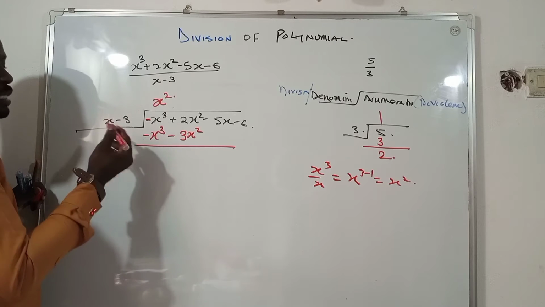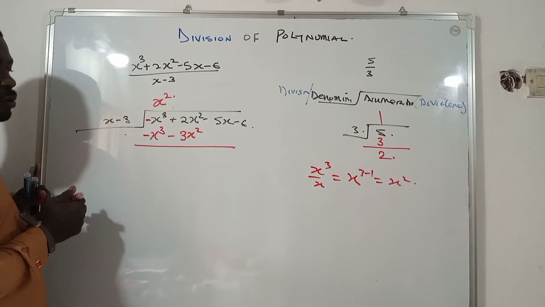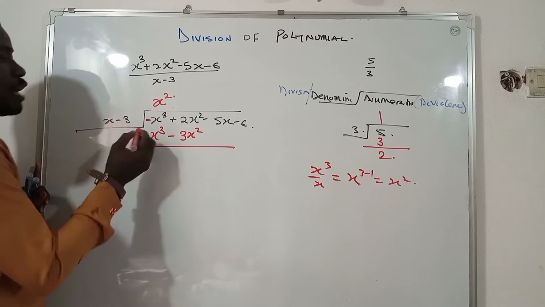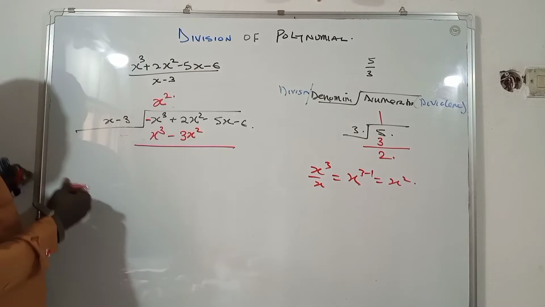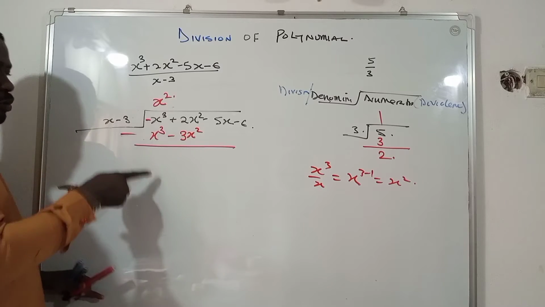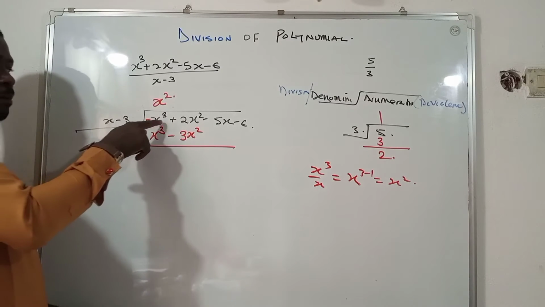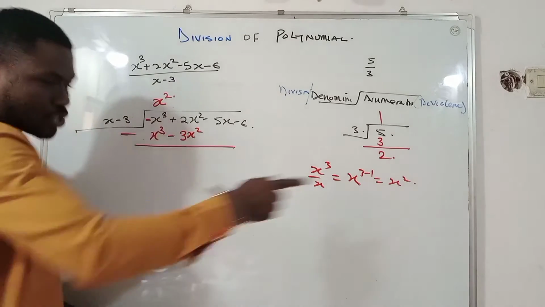Of course, in this case, I will still put a minus sign because it is a minus sign that will turn the x cubed to 0. What if this is a plus and this is a minus? If I put a minus here, x cubed cannot turn to 0. It will be minus x cubed minus x cubed, and the answer will be minus 2x cubed.